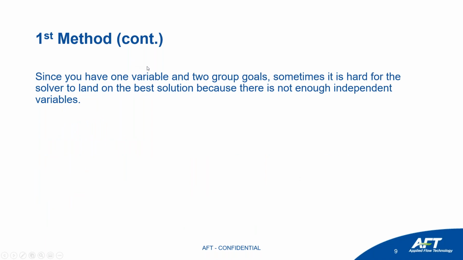Since you have 2 variables and 2 goals, and 2 group goals, sometimes it's hard for the solver to land on the best solution since there are not enough independent variables.